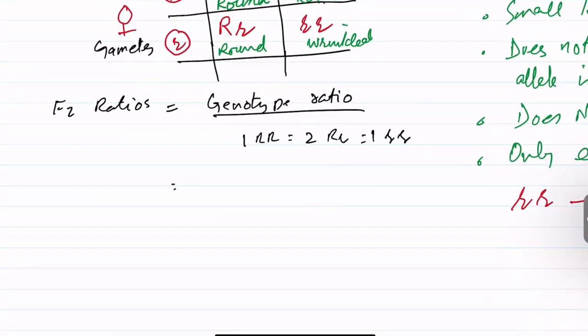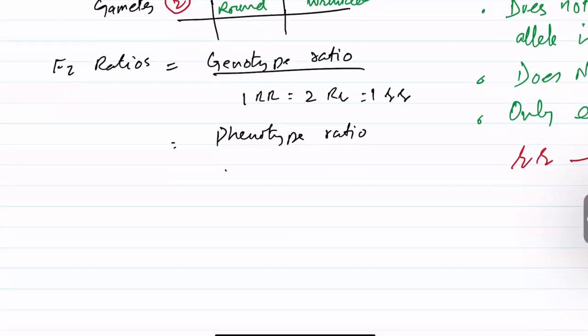But phenotype ratio is written as 3 round to 1 wrinkled.